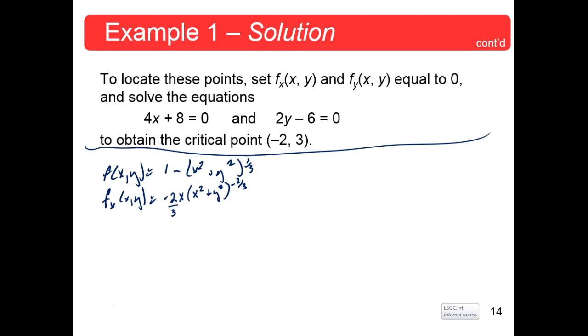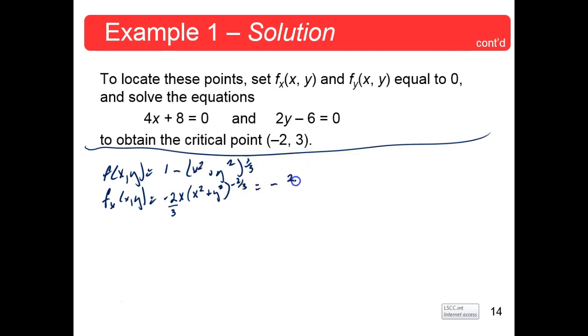If you like to do the 2x first, just remember the minus came from out here, the 2x came from in here. That's fine. Then you do the outer part, and the derivative of this would be 1/3 this thing to the minus 2/3 power. Okay. Now I'm going to write that slightly differently. Here's how I'm going to write it.